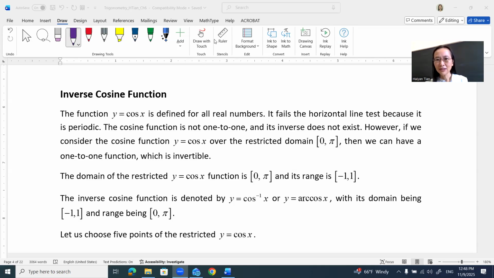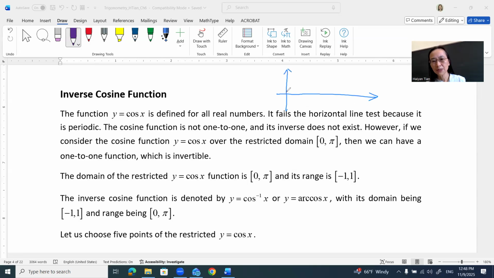For the same reason, we need to restrict the cosine function to an interval so that we can make it one-to-one first, right? Then we find its inverse. So let's think about the cosine function.